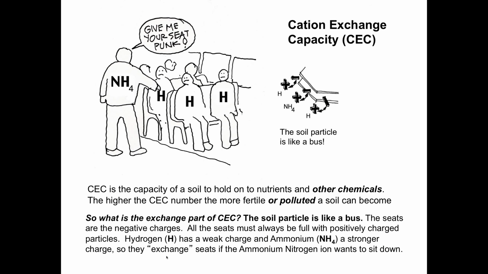When we look at a soil particle, here's a sand particle. It has a surface area of only 0.24 millimeters, very small. The number of sites that are possible to put on that surface area is small because the surface area is small. But as I make the soil particles smaller and smaller, by the time I get to clay, I can have 1 million pieces of clay in each particle of sand.